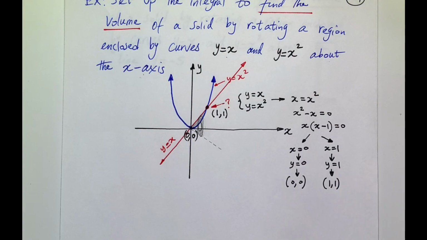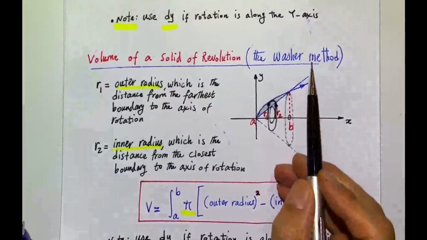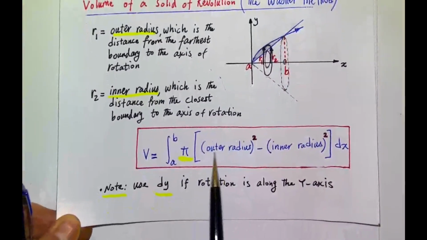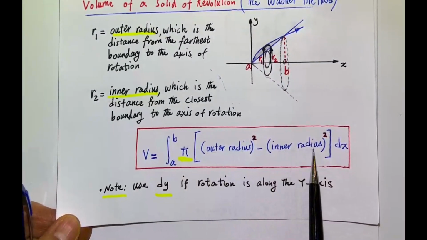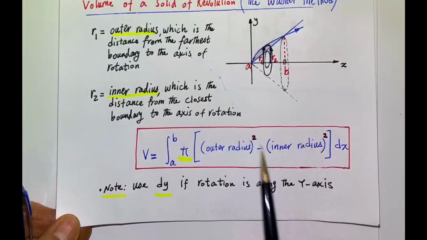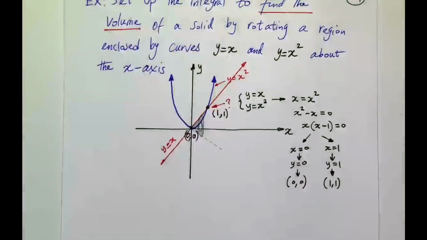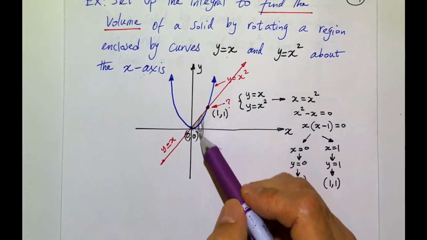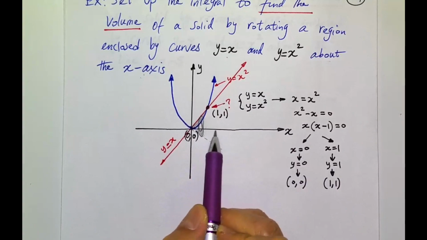Now the question is, if I bring back that first slide, using the washer method, we're going to have to know what length is the outer radius and what length is the inner radius. And we're going to square those and then subtract them and times pi and the limits of integration. So we need to identify the outer and the inner radius. And those are easy to identify because we're rotating about the x-axis.